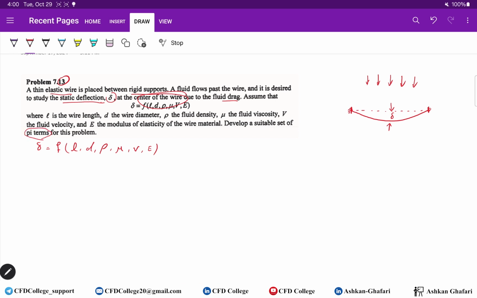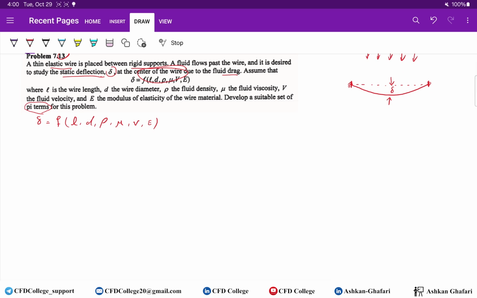So we should find dimensionless groups for this problem. First, let's talk about dimensional analysis. We use this to find and to develop dimensionless numbers. We use them in our studies, in our research, both numerically and experimentally.